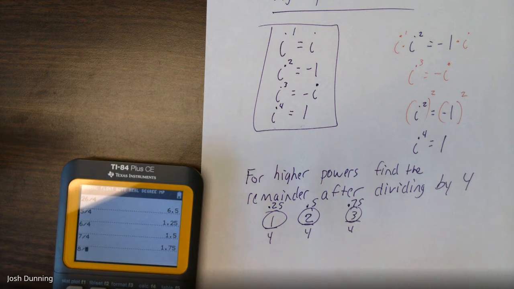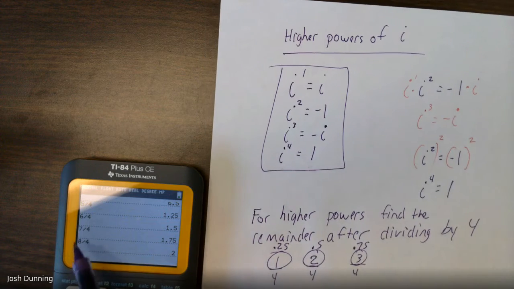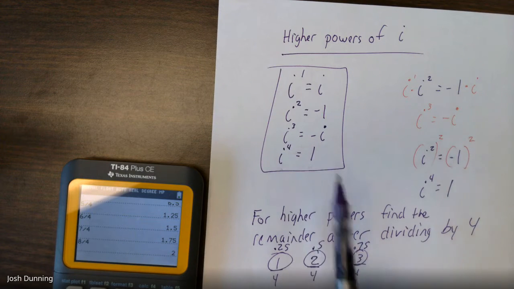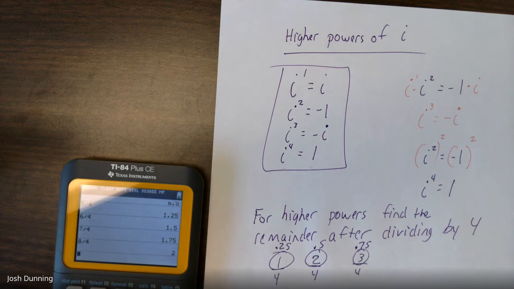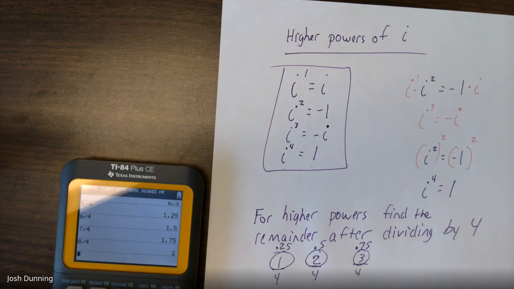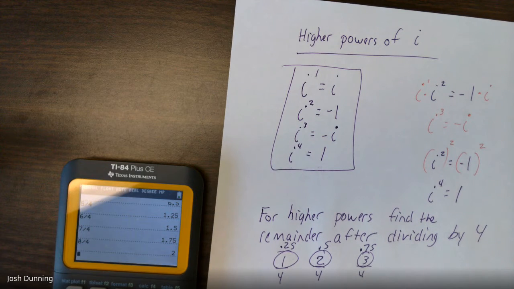What happens if I divide 8 by 4? I get a whole number. I get no remainder. That means that was a multiple of 4. So that would just be 1 times 1 times 1 times 1 for every multiple of 4. Multiplying by 1 doesn't really do anything.